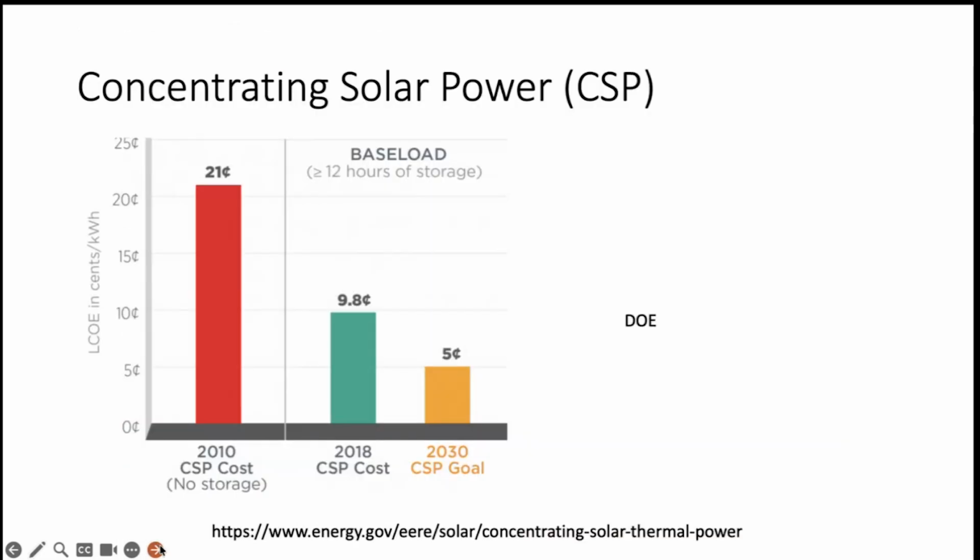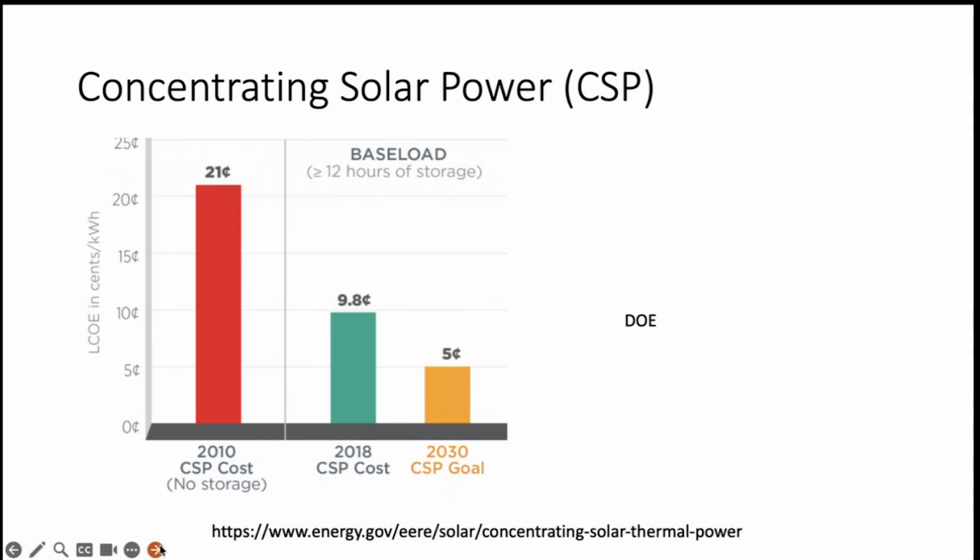All right. Now, another way to deal with this is with what we call concentrating solar power, or CSP. Now, this is different than solar photovoltaics, and we'll talk about both of them in greater detail later in the course.